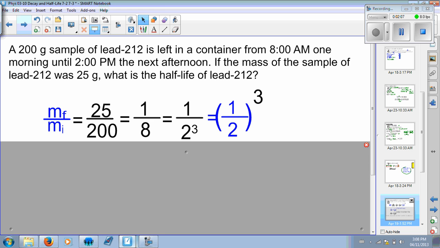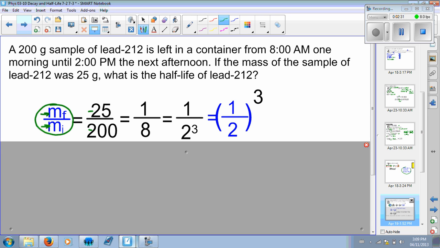First, I'm going to point out, this is the same question we did at the beginning of the first lesson, or the middle of the first lesson, I guess I should say. I told you these two values, the initial mass, 200, and the final mass, 25. And I put them in a fraction, 25 over 200.